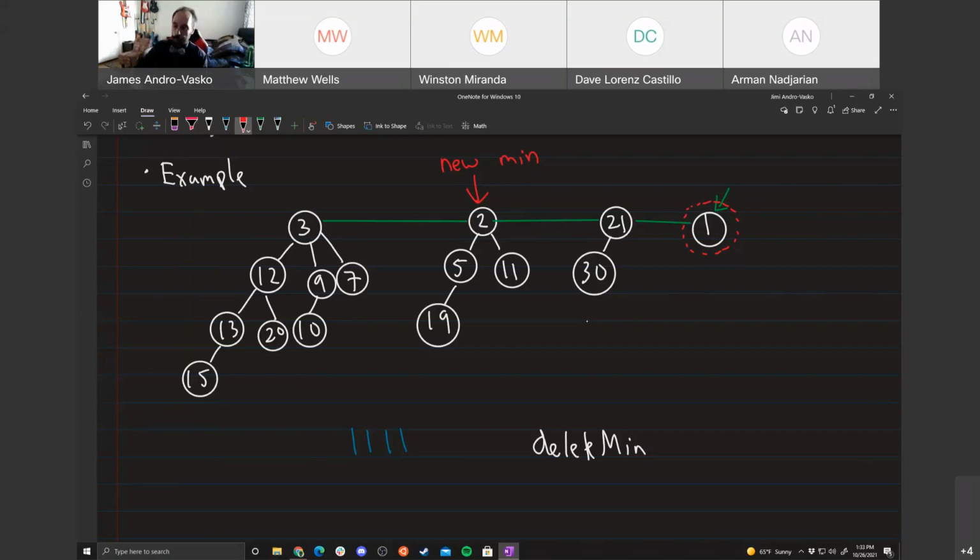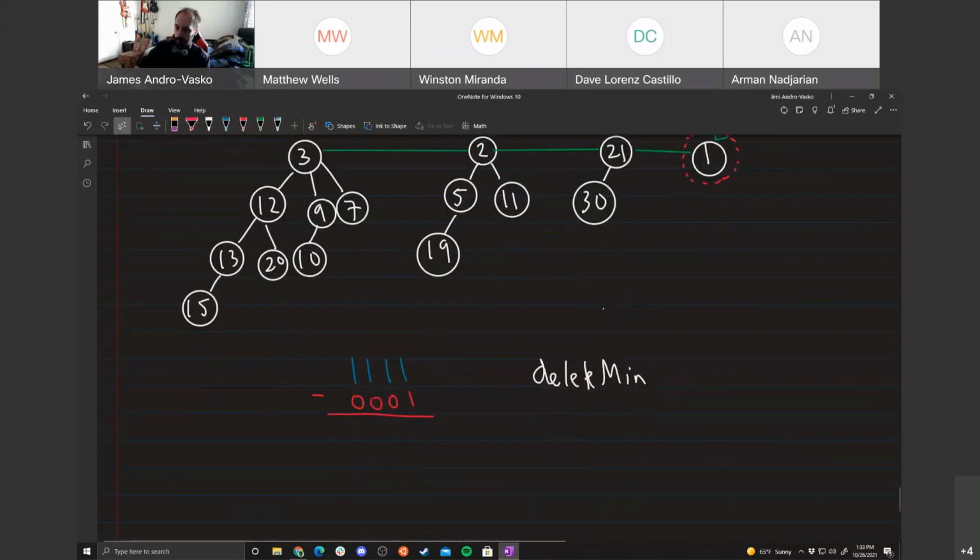And of course, in this case, we're going to have the following result. We had to remove one of our B0 trees, because that was where the smallest element happened to be. So the result now is going to be 0, 1, 1, 1. We have 0 B0 trees, 1 B1 tree, 1 B2, and 1 B3.